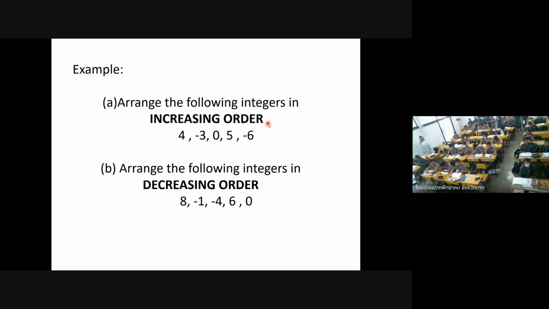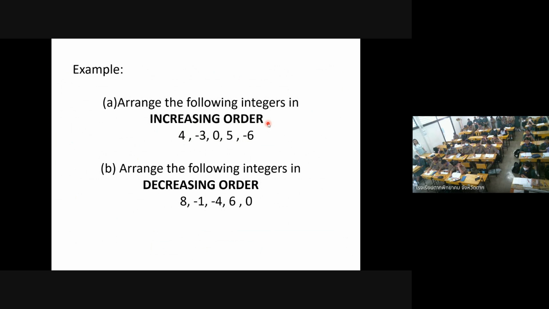So we have 4, -3, 0, 5, and -6. Again, in a number line, what is the direction? It is from left to right. Meaning that the integers in increasing should be, what should be the order? What would be your answer if you write it in increasing?